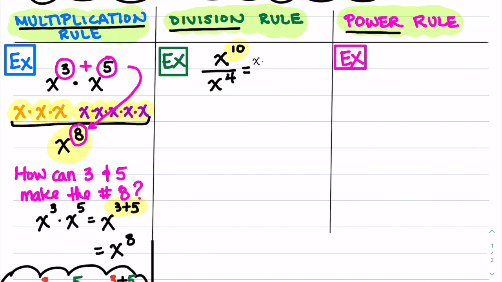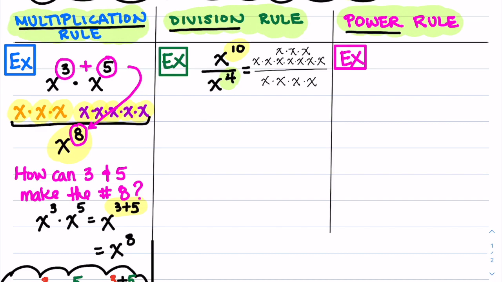So 1, 2, 3, 4, 5, 6, 7, 8, 9, 10. Sorry, I know that's not the best, but I tried. So there's 10 copies on top, and if I look on the bottom, there are 4 copies. So 1, 2, 3, 4.